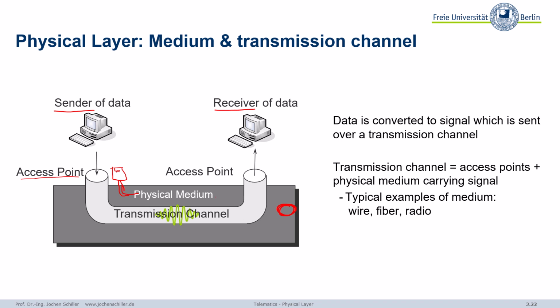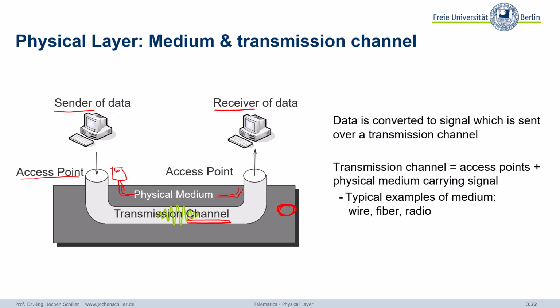We'll come at the end of the chapter back to this, what type of copper wires and fibers we can use. And we have a transmission channel. And this channel has certain characteristics. This is not an ideal channel. We have interference, we have certain what we call bandwidth limitations, etc.